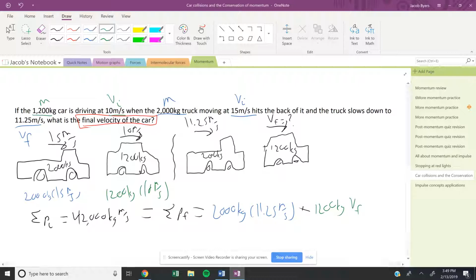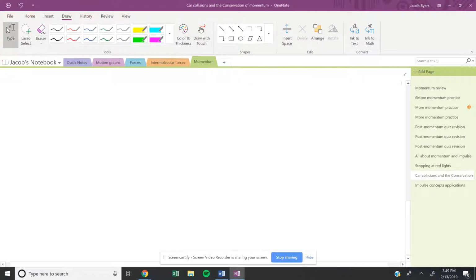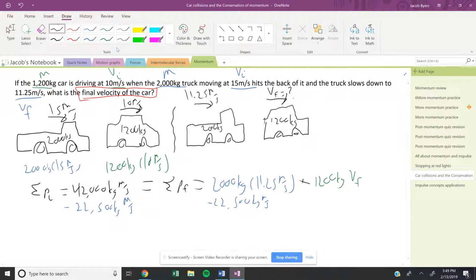So we subtract that from both sides, 22,500 kilograms meters per second. So we will then have 19,500 kilograms meters per second equals our car's momentum.